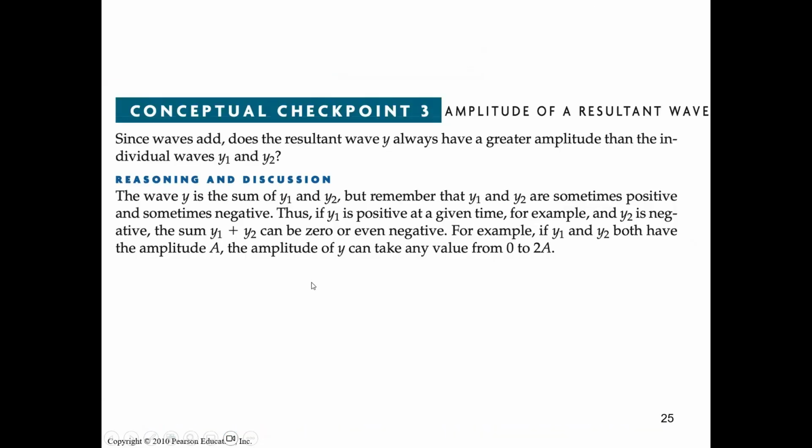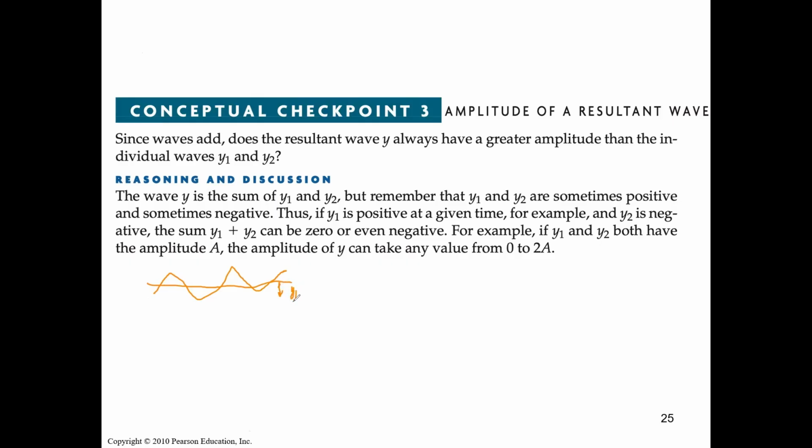Okay, so there is a checkpoint here. Since waves add, does the resultant wave always have a larger amplitude than the individual waves y1 and y2? So we have a wave y1, and we usually describe this part as the amplitude.